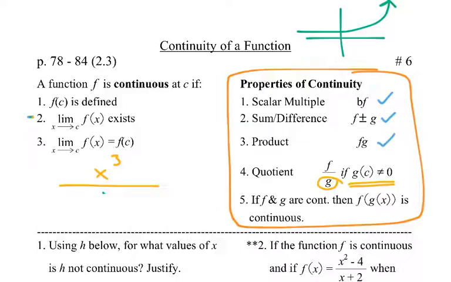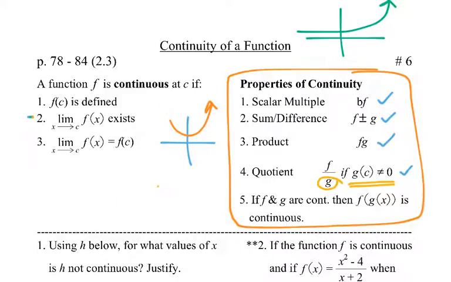You could also have x squared plus 1, which would also work because it's a parabola that's above the x-axis, so you never get divided by 0. So the quotient one is a little trickier, but basically you can divide a continuous function by another continuous function as long as that bottom function doesn't have any values where the y value is 0.